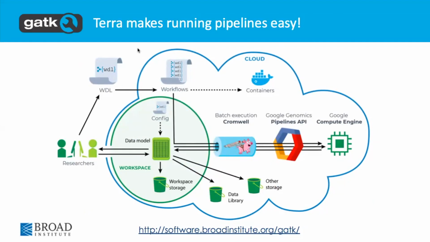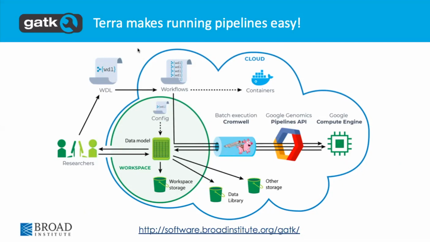So I think it's a little funny that it says makes running easy, and then it shows a very busy slide. But I think the takeaway here is that you as a researcher focus on two things. Basically, the script itself, what you want to run. You nominally have to pay some attention to the container. Basically, if you're developing your own containers, if you're using public ones, you don't have to worry about this stuff, but you worry about the script, and then you're interacting with the data model.